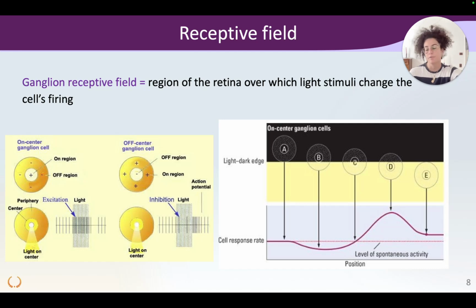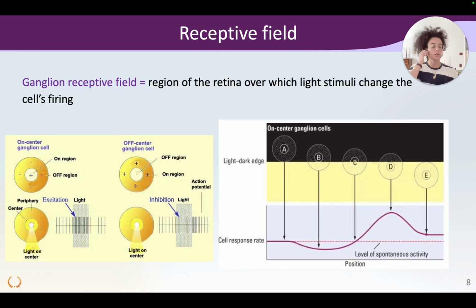There are the on-center ganglion cells and off-center ganglion cells. In the on-center cells, when light enters the central part of the cell, there is excitation of the cell, whereas when light falls onto the surround of the receptive field, the cell is inhibited. When the light falls all around the receptive field of the cell, the firing increases weakly.